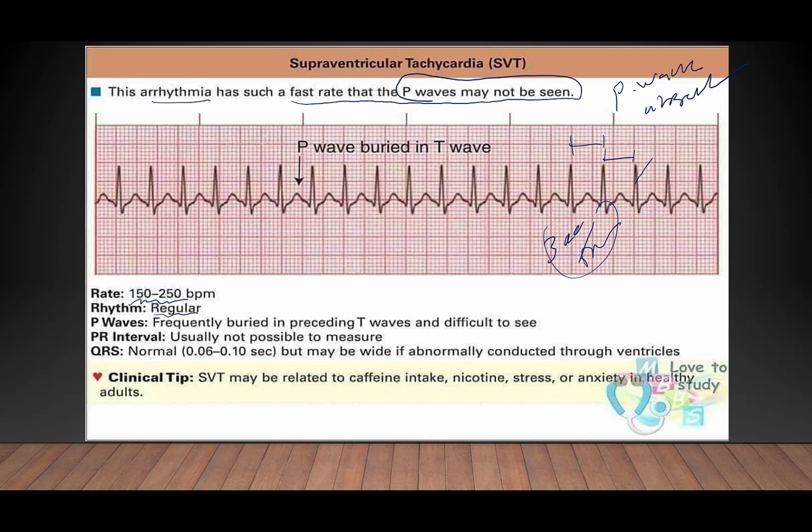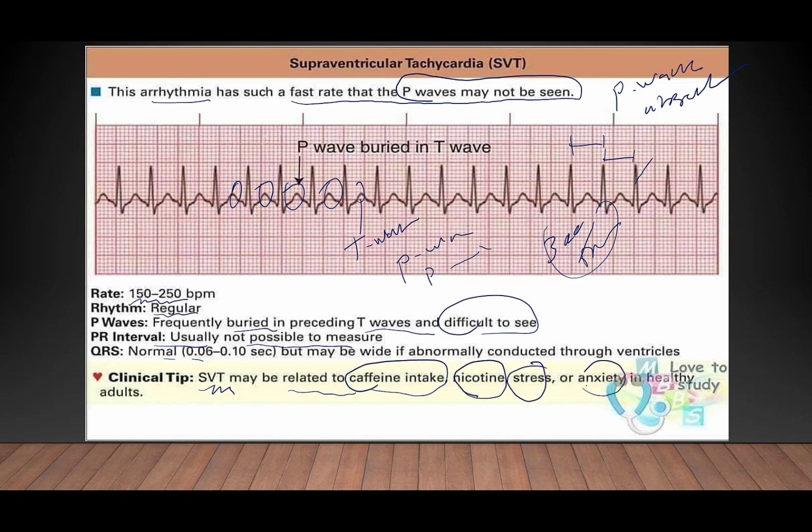The rhythm is regular, and the P wave is frequently buried in the preceding T wave and difficult to see. So PR interval is usually not possible to measure, because there is no P wave to measure it. QRS is normal. SVT may be related to caffeine intake, nicotine, stress, or anxiety in healthy adults.